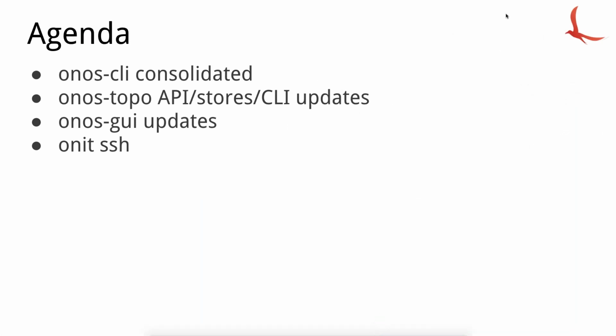No worries. So the CLI has been consolidated, and right now we have integrated a suite of commands from the topology and from the ZTP, or Zero Touch Provisioning, subsystem. What's still pending is the set of commands for people to interact with the configuration subsystem. There's a pending pull request for that.